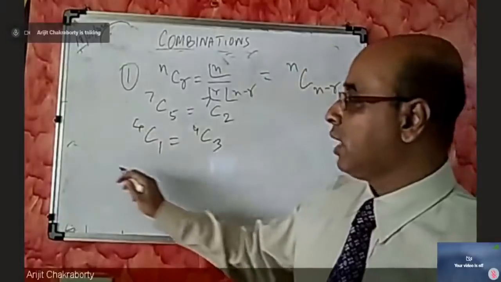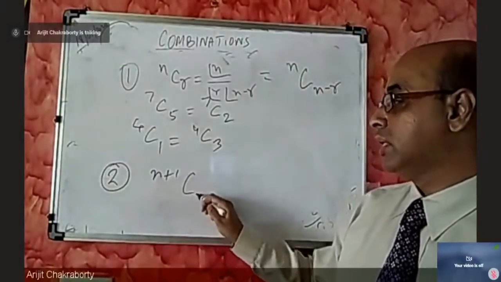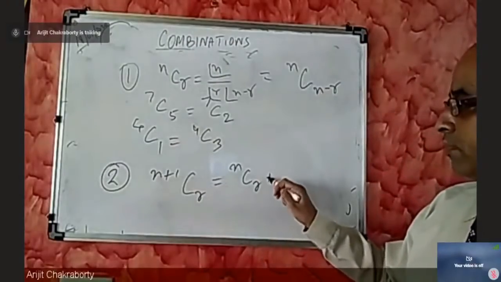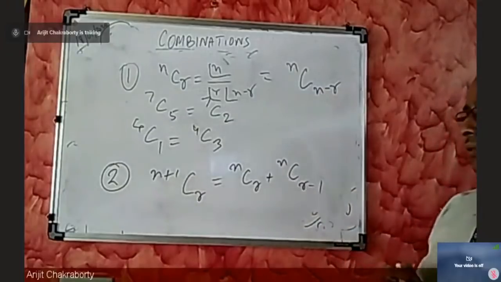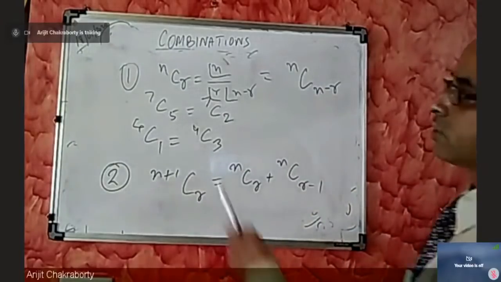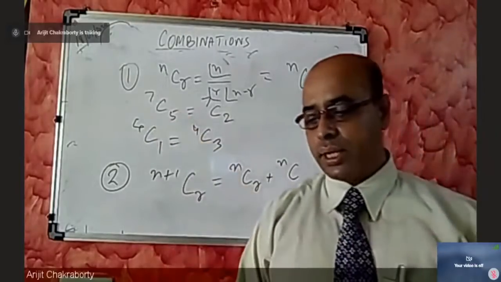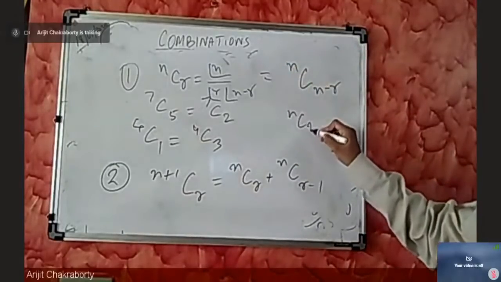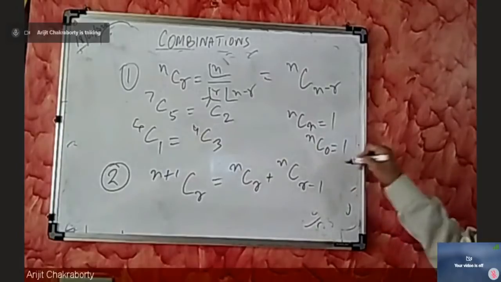And the second formula, please note, is N plus 1 CR is equal to NCR plus NC(R minus 1). So please note these 2 formulas so that you are able to use them. Plus, we know that NCN is equal to 1 and NC0 is equal to 1.